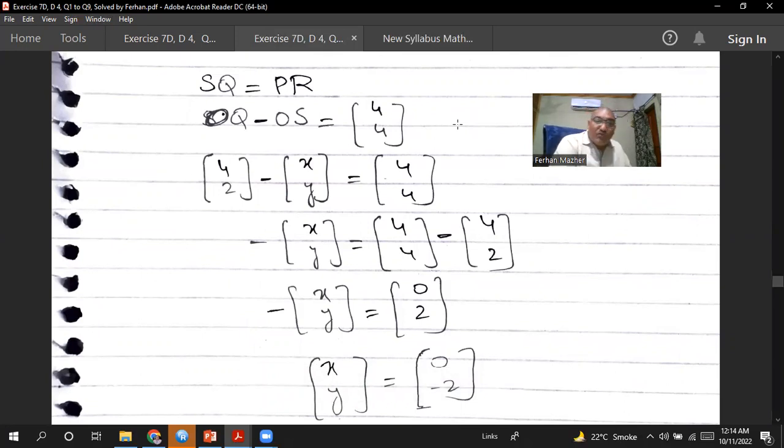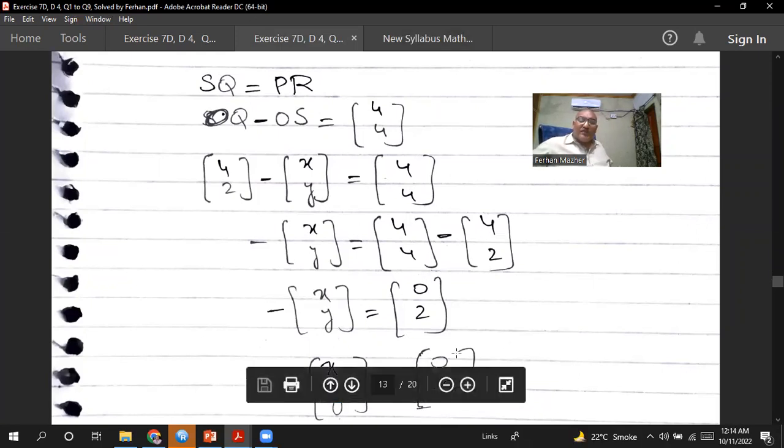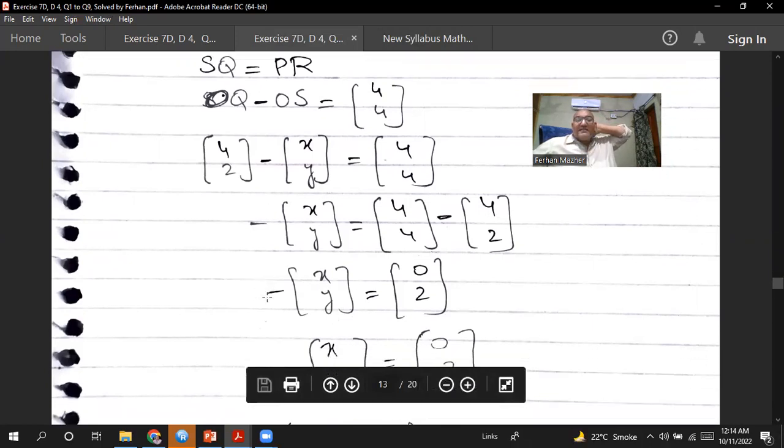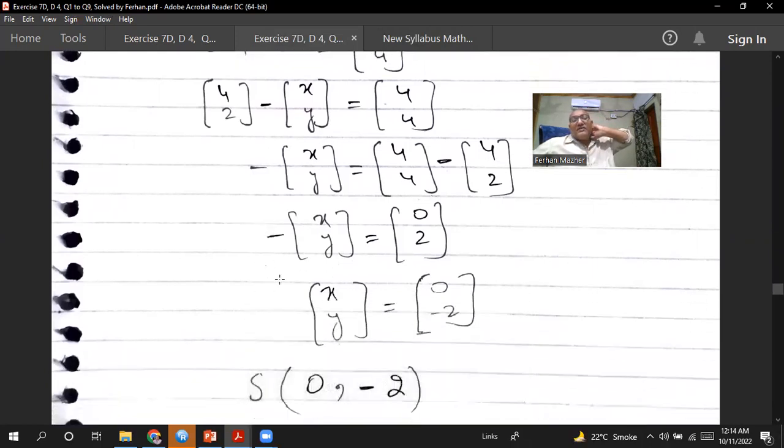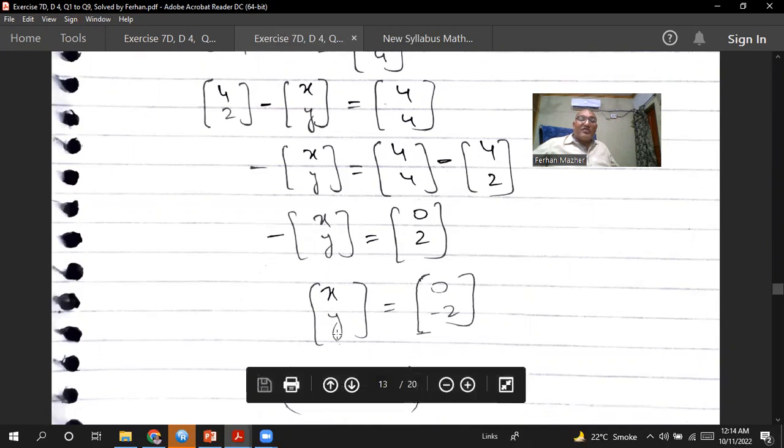OQ is (4, 2), OS is (x, y), so (4, 2) minus (x, y) equals (4, 4). So (x, y) equals (4, 2) minus (4, 4). 4 minus 4 is 0 and 2 minus 4 is minus 2. So we have X equals 0 and Y equals minus 2.